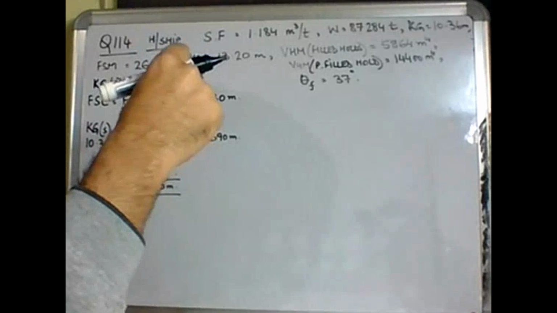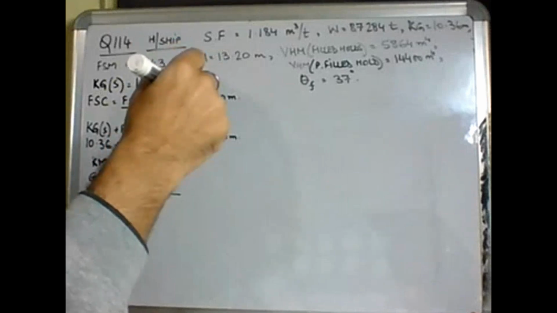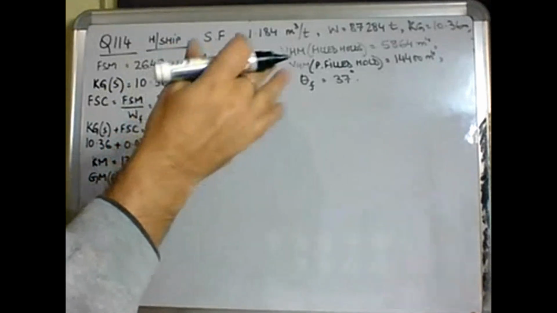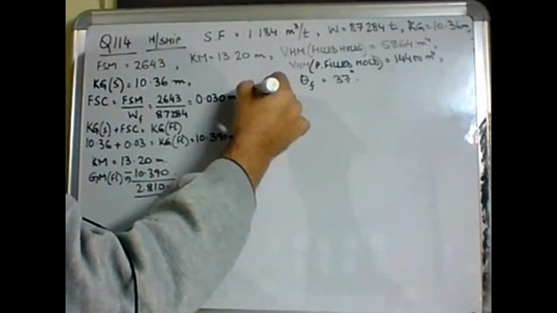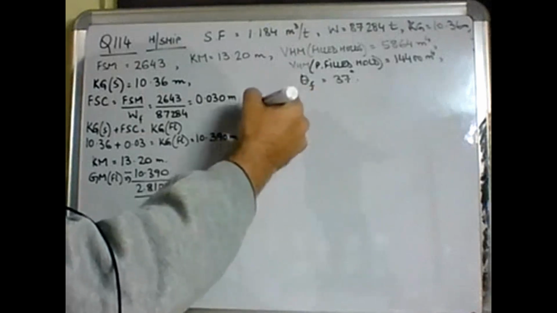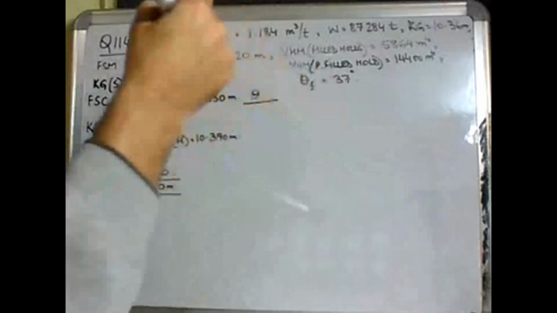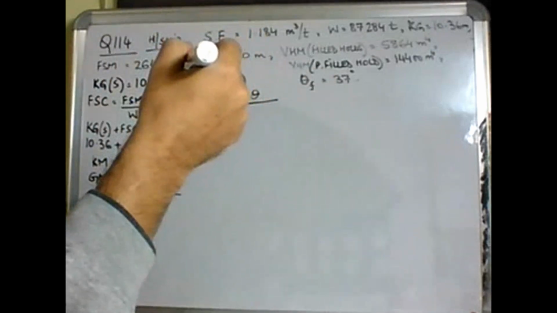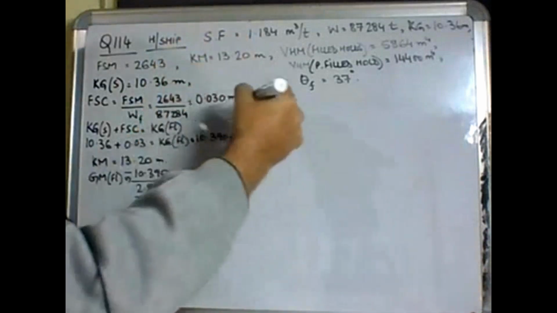Now you will apply the correction. That means you'll make the table for GZ. So one column will be theta. I'll skip that because you know how to do the correction, correct? Is that okay? For the GZ curve, how to do the correction?